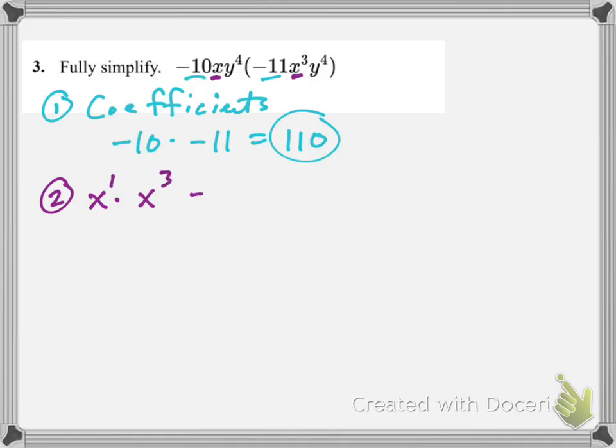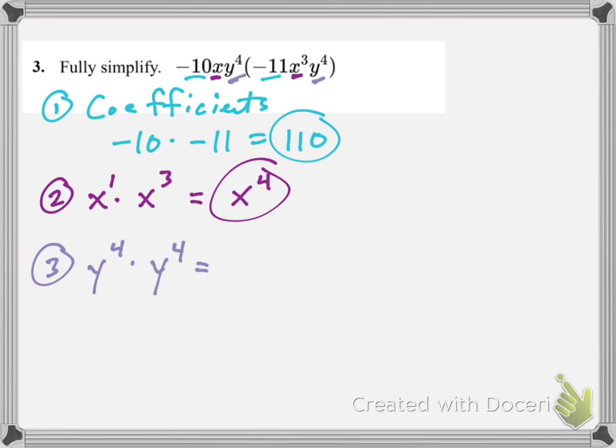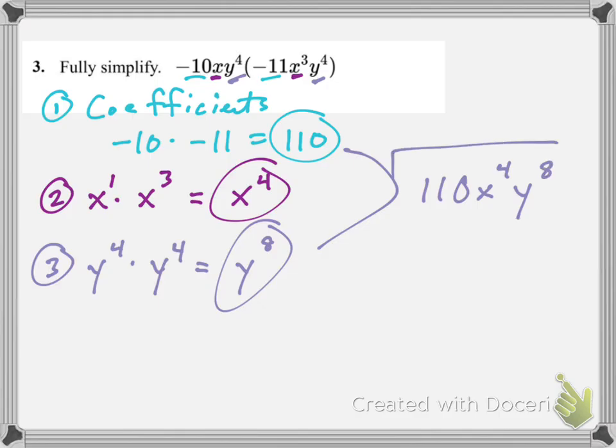Well, that's x to the first. So I get x to the fourth, 1 plus 3. And then finally, I have y to the fourth and y to the fourth. So y to the fourth times y to the fourth. Okay, 4 plus 4 is 8. So my final answer is 110 x to the fourth, y to the eighth.